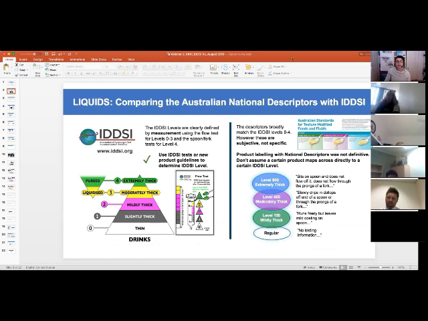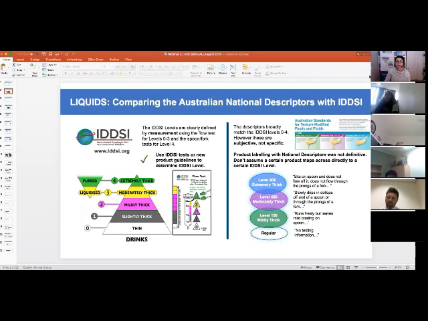When we compare the liquids from the Australian national descriptors with IDDSI, there are a couple of main things that I want to share with you. Firstly, the IDDSI levels are clearly defined by measurement using the flow test for levels 0 to 3 and the fork and spoon tests for level 4. Our Australian levels do broadly match the IDDSI levels, but they were developed and are predominantly subjective, so you can see the descriptions on the side here.